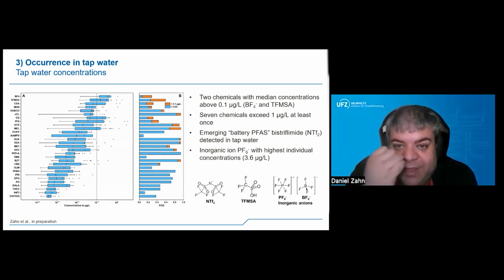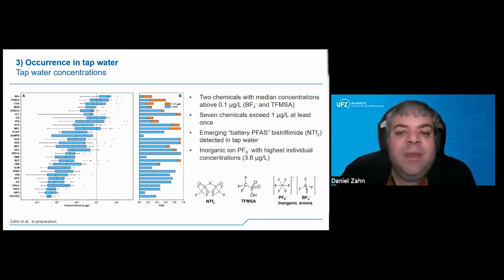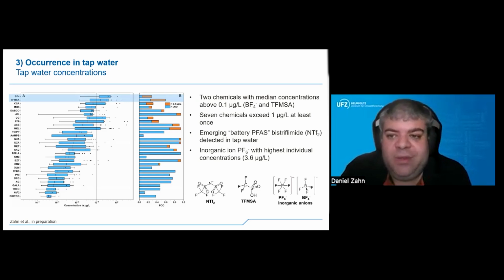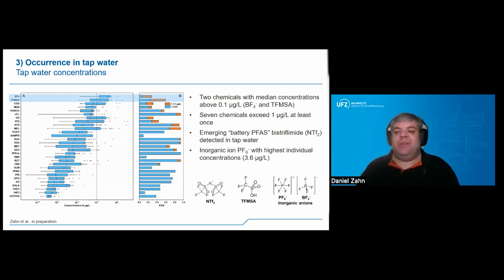The blue bar is the FOD lower than 0.1 microgram per liter, and the orange bar is higher than 0.1 microgram per liter. The first thing we see, we have two chemicals that exceed this 0.1 microgram per liter as median concentration whenever they're present. Those are, again, the BF4 we heard before, and TFMSA, which is an ultra short chain PFAS you can see at the bottom.